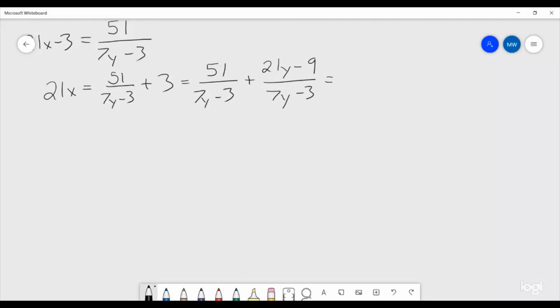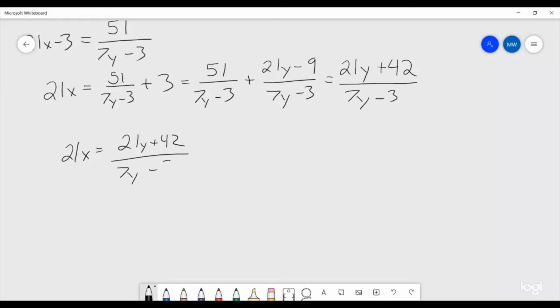So that gives us 21y. Let's see, 51 minus 9, that's going to be 42, all over 7y minus 3. So we got 21x equals 21y plus 42 all over 7y minus 3.